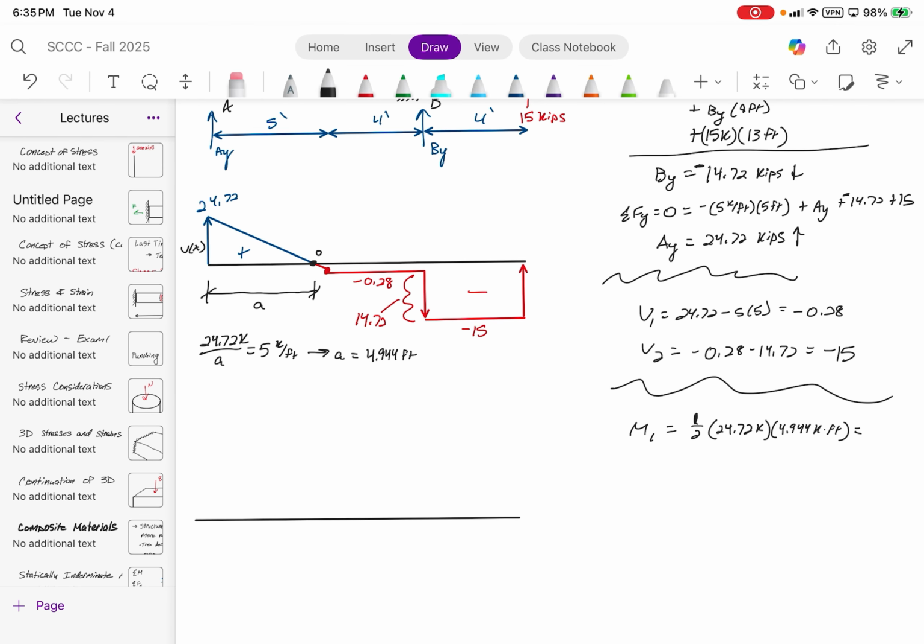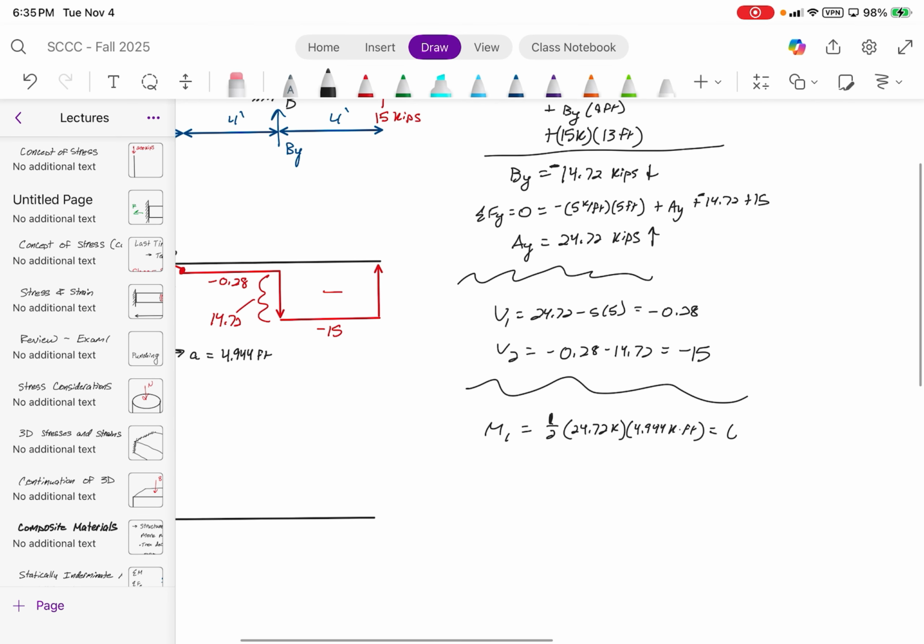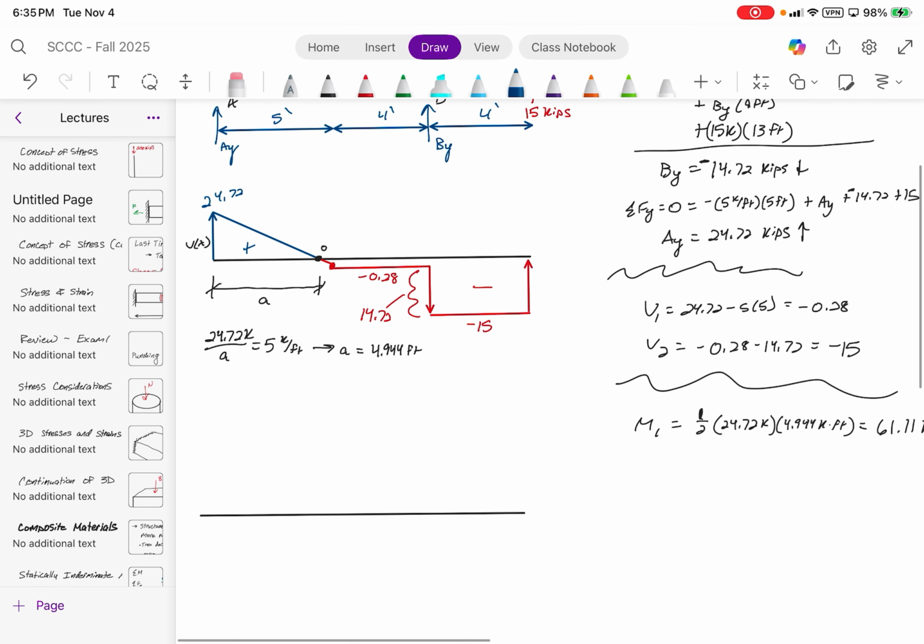And that gives us a bending moment of around 61.11 kip feet. That's going to put us somewhere up here, where this value will be aligned as such.